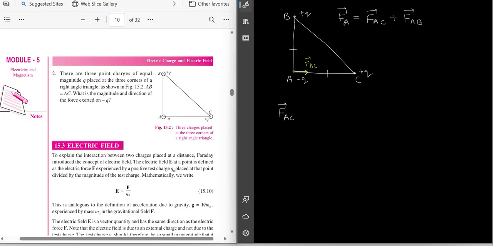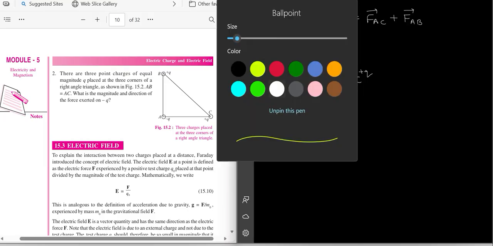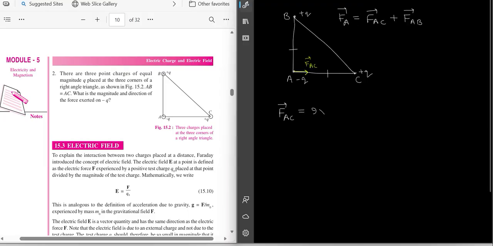Okay, so what is its magnitude? Its magnitude is 1 upon 4 pi epsilon 0, or 9 into 10 raised to 9, because assuming they are in free space and nothing is mentioned, so we assume that, into q1 q2. So minus q into q is minus q square. In order to avoid confusion I will put the minus sign here.